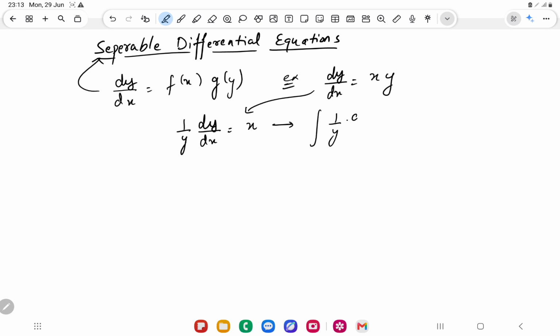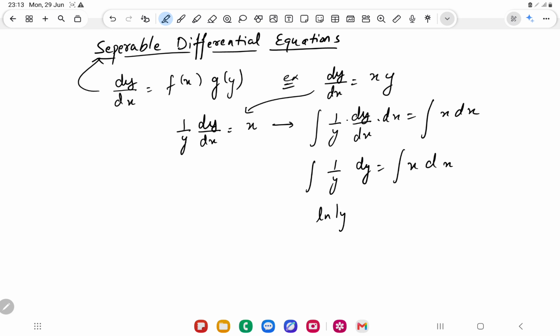I am integrating with respect to x, so I'll get this. Now if you further solve this, I will get integral of 1 upon y dy is equals to integral of x dx. Now the integration of 1 upon y is ln mod y and the integration of x is x square by 2 plus c.